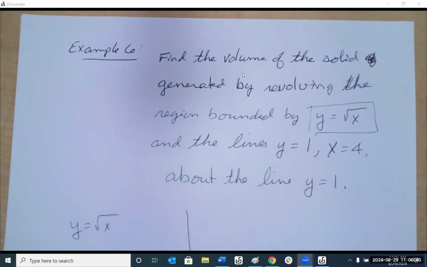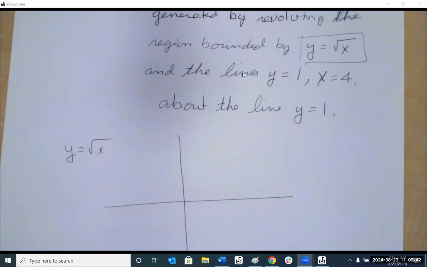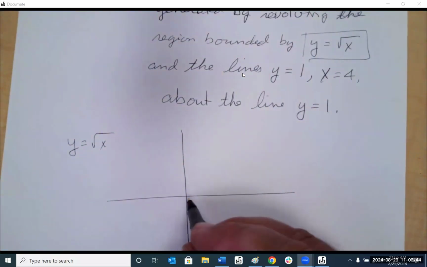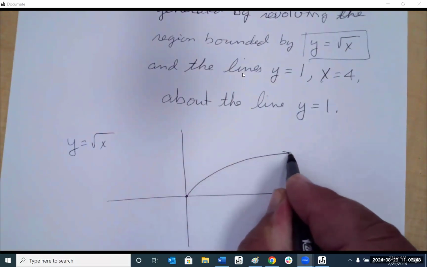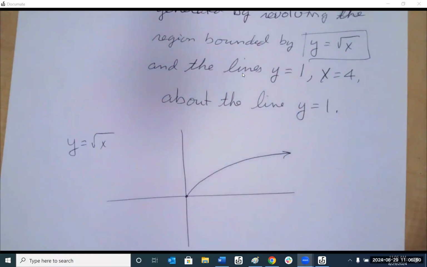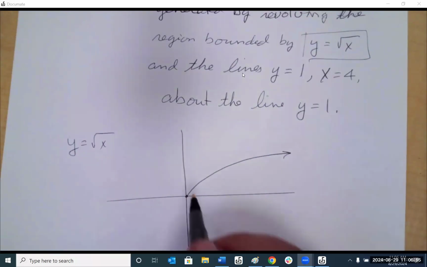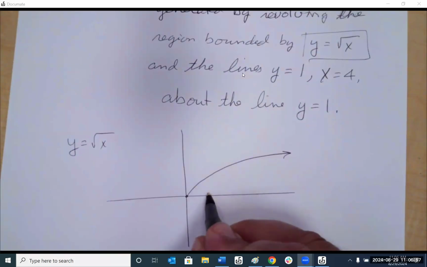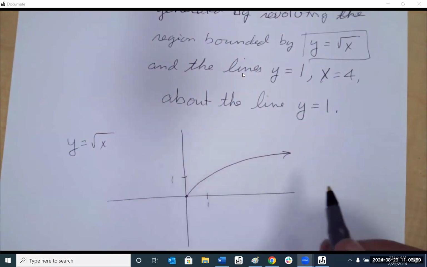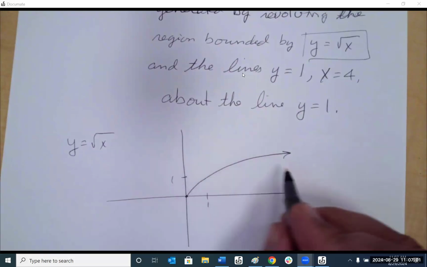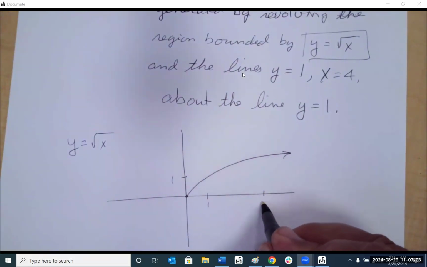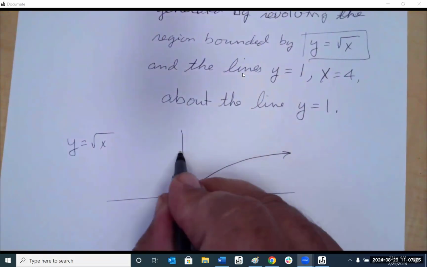So what does that graph look like? It looks like this, the square root function, the radical function. When x is 1, y is 1. When x is 4, y is 2.